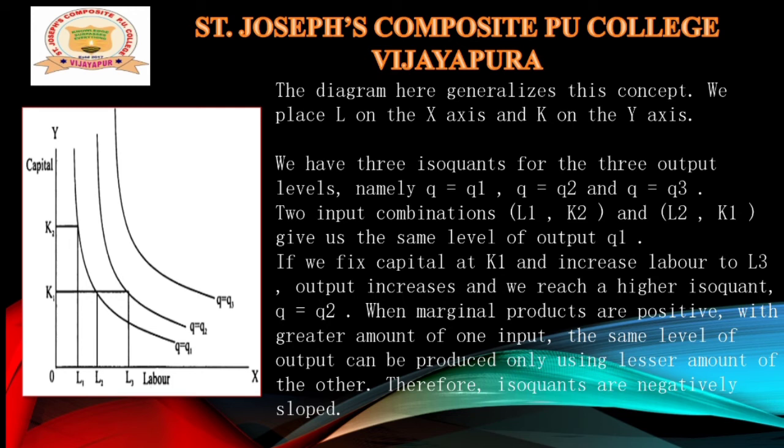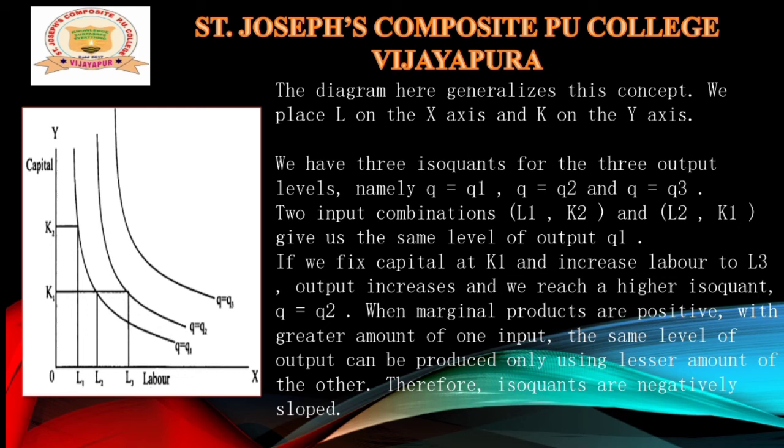If we fix the capital at K1 and increase the labor, L1, L2, up to L3, then the quantity of output is Q2. That means when we increase at least one input, automatically our quantity of output will also increase, that is Q1, Q2 as well as Q3.